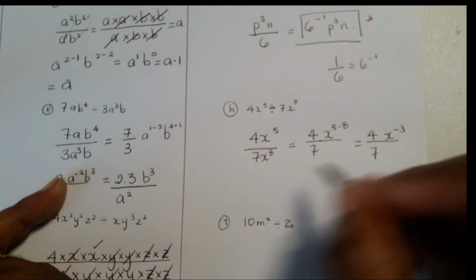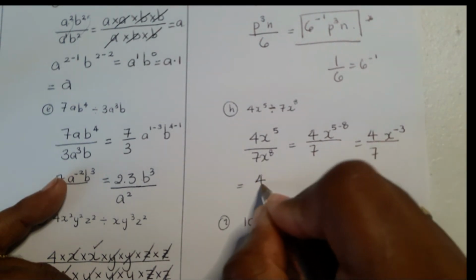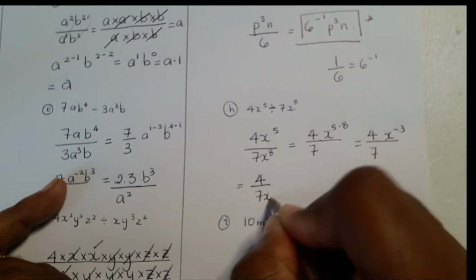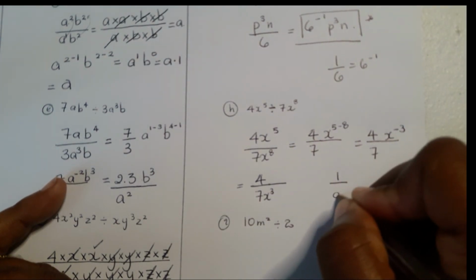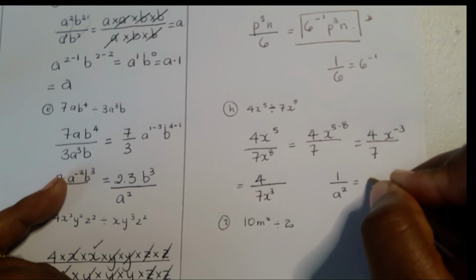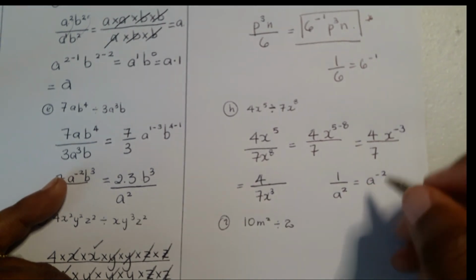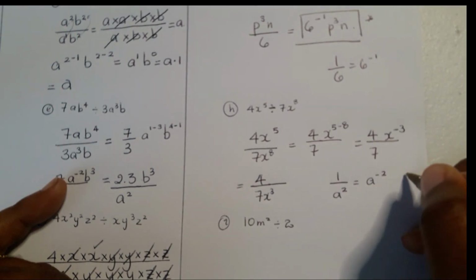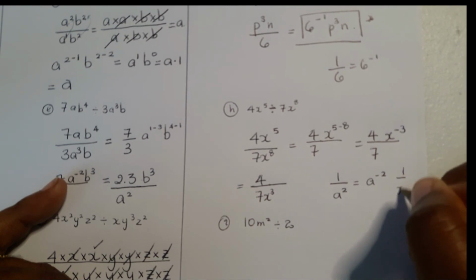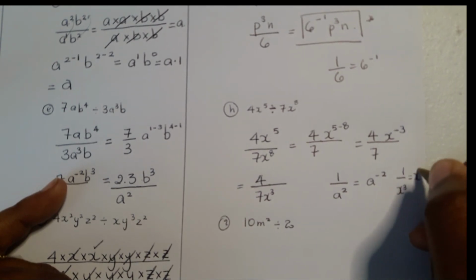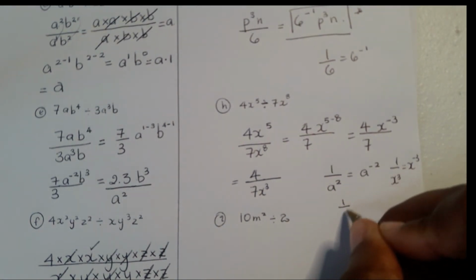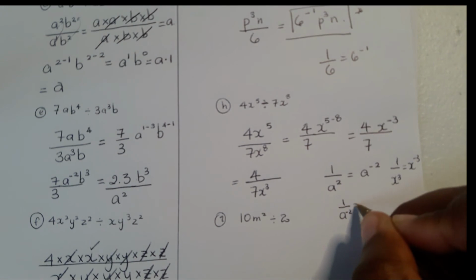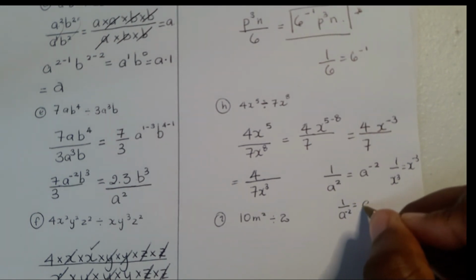And this could be written as 4 over 7x cubed. Because remember, 1 over a squared is equal to a to the minus 2, the same way as 1 over x cubed is equal to x to the minus 3. You can also look at it as 1 over a to the minus 2 is equal to a to the 2.